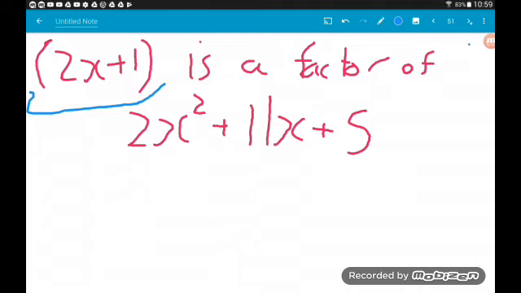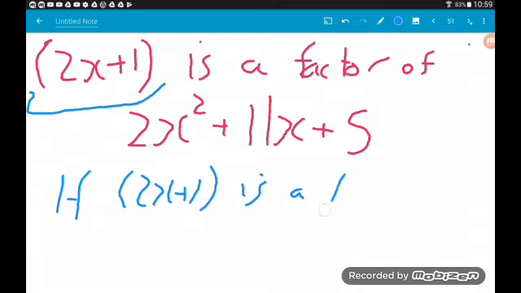So, if 2x plus 1 is a factor, then x would have to be, well, you set whatever is inside each bracket equal to 0, so 2x plus 1 equals 0, minus the 1, 2x equals minus 1, divide by 2, x is minus 1 over 2.